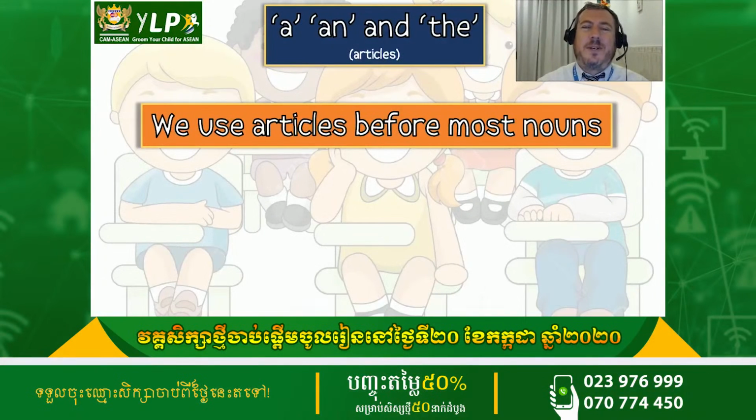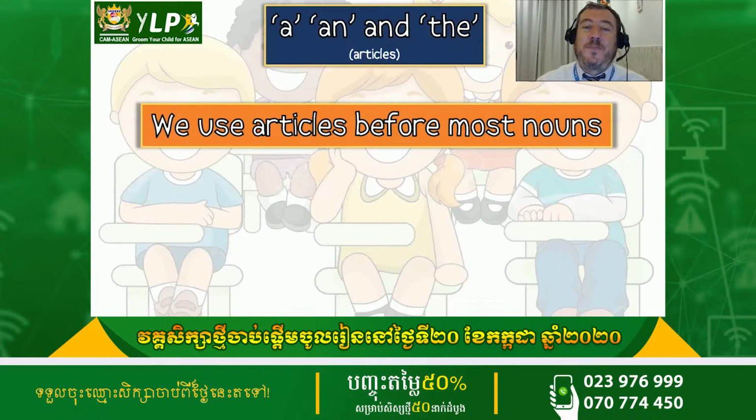So don't worry too much if you can't remember that these are called articles. It's not as important really to remember what they're called. What's more important is to remember what they do, why we use them, and what they do in the sentence.